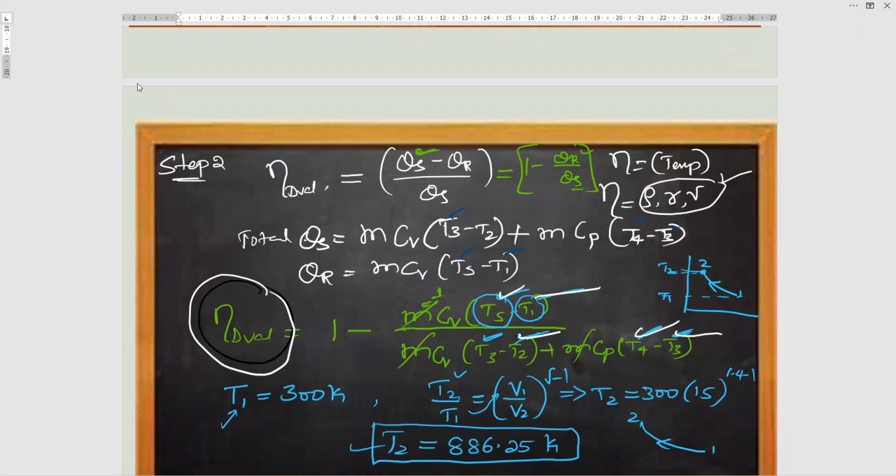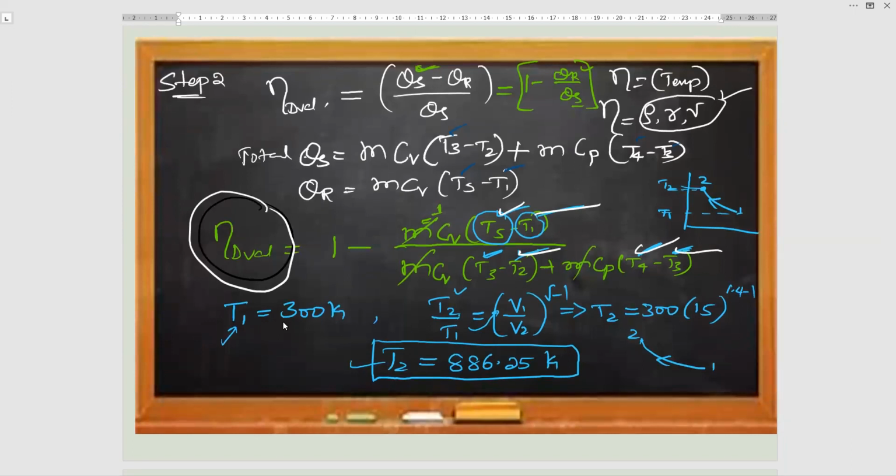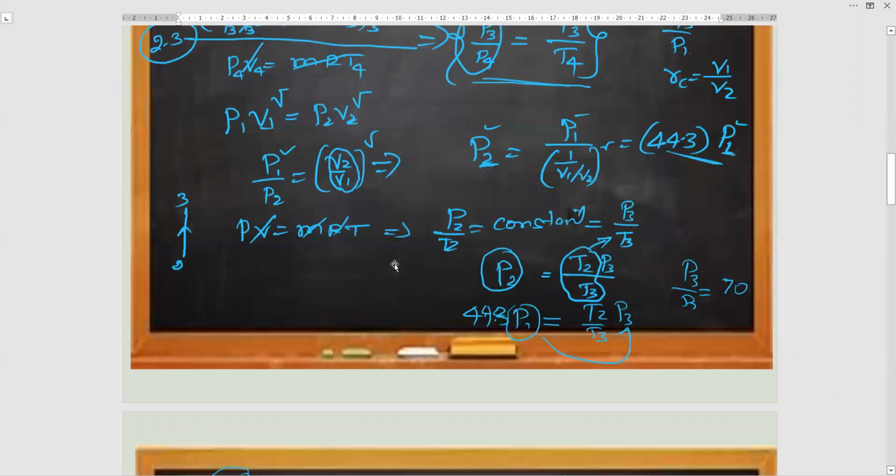CV and CP are written in terms of gamma. Otherwise, remember CP is 1.005 into 10 power of 3, CV is 0.718, as I told you in the previous classes. So substitute all the values and the efficiency of the dual cycle will be calculated.